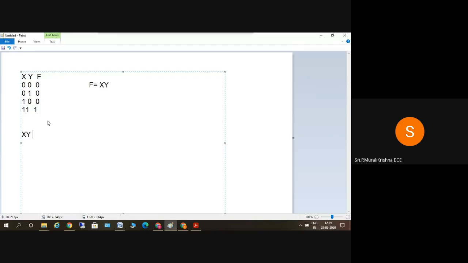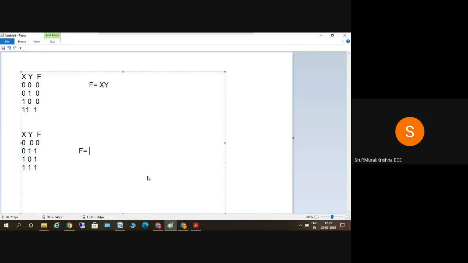Okay, and the OR gate is also the same thing, but for the OR gate we have to go for minimizations, because we will get three ones there. So 0 0, we'll get a 0; 0 1, we'll get a 1; 1 0, 1; 1 1, 1. This is the OR gate, right? And F normally is equal to X plus Y, because it performs the plus operation of two inputs here.